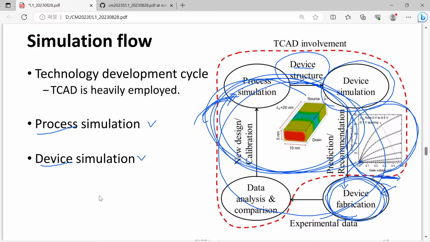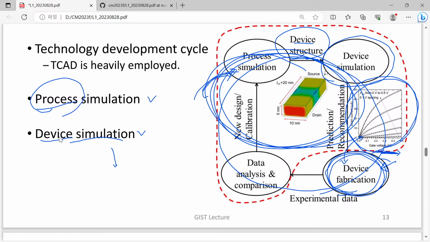Since our goal is eventually to build an electrical system, this one is directly related to the final goal. However, process simulation is related to manufacturability. If this structure cannot be made, or even when we make it, there is too much variation inside it, then we cannot adopt those kinds of process steps. That is assessed by our process simulation.